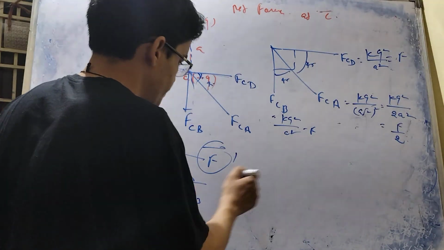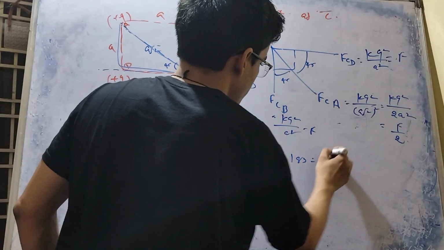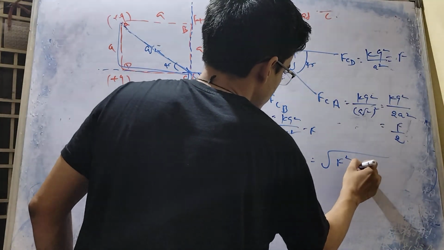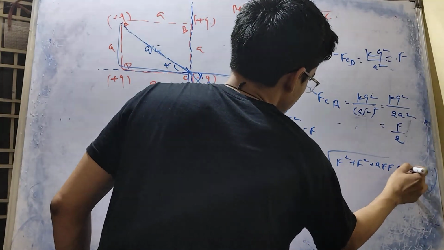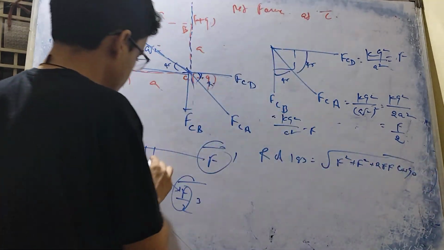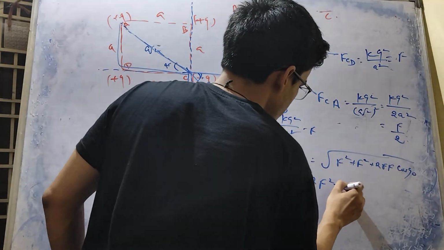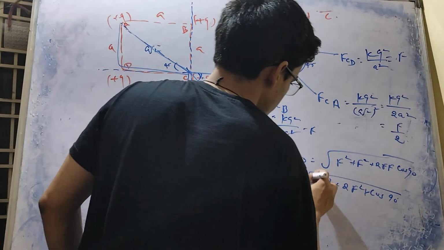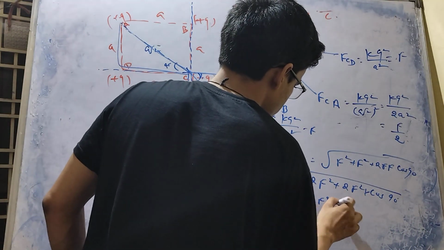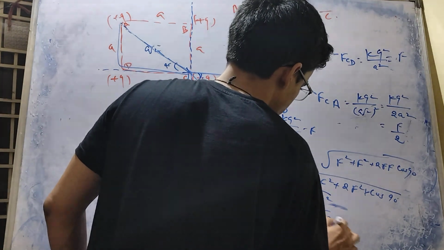See that. So resultant of 1 and 3, it will be under root F1 square plus F2 square plus 2F1 F2 cos, what is an angle? Angle is 90 degree. So this will be 2F square plus 2F square cos 90 degree. 2F square, this will be F root 2, right?